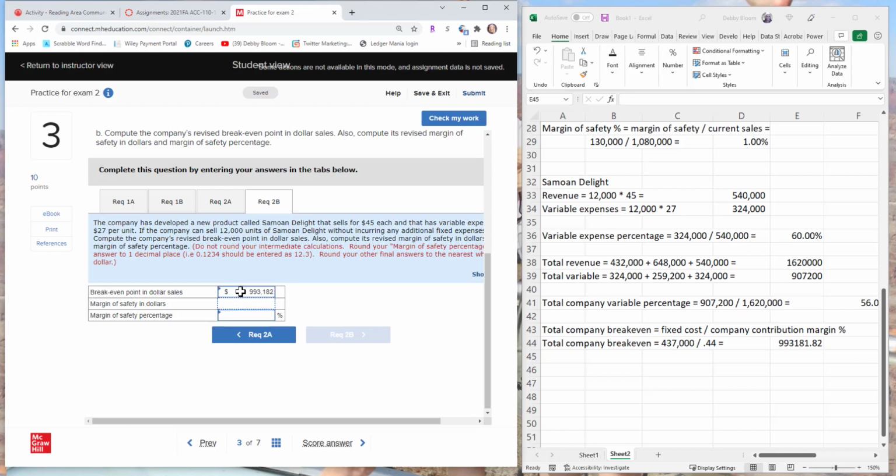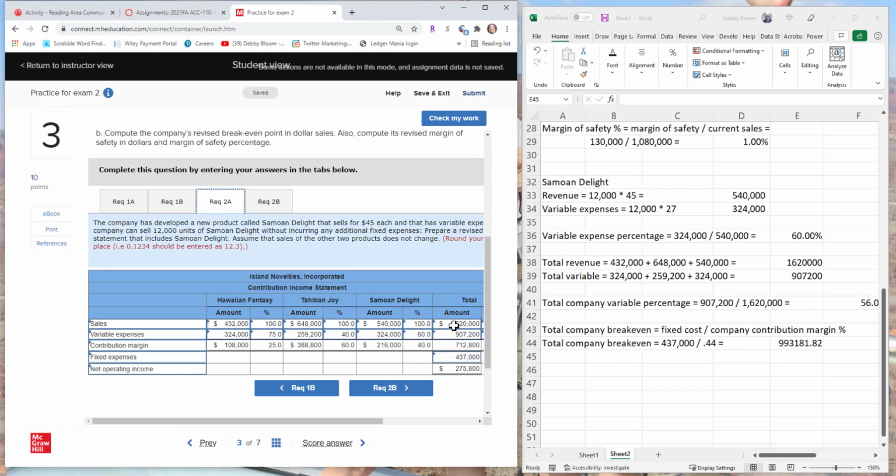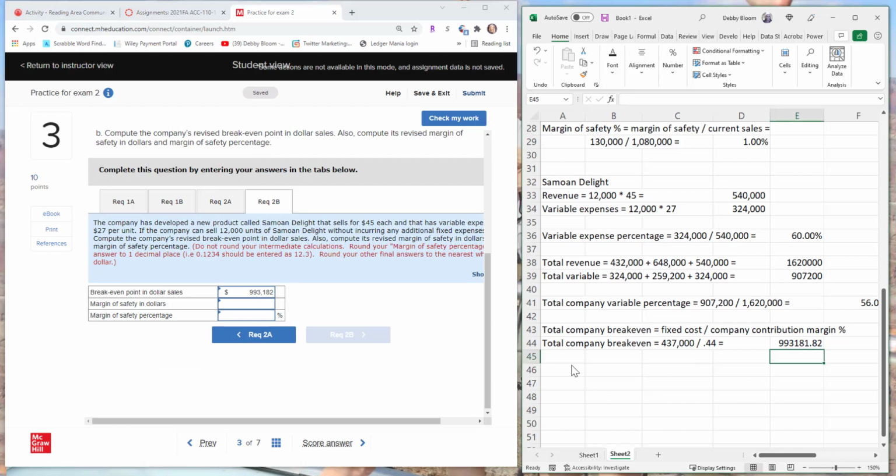That is going to be 993,182. Now that we know our break-even point, from requirement 2A, we know our current sales is $1,620,000. So our margin of safety in dollars is the current sales minus the break-even sales.